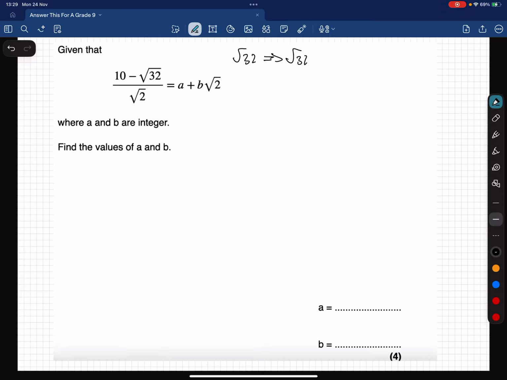Root 32 is equal to root 2 times 16, which is equal to root 16 times root 2. Root 16 is equal to 4, because 4 squared is equal to 16.